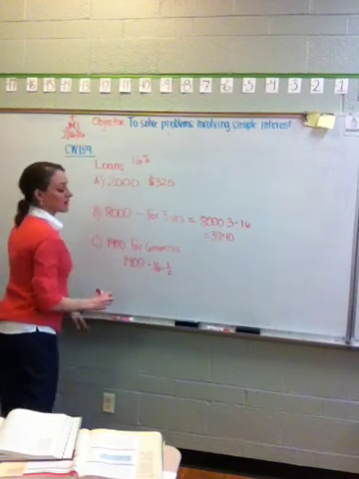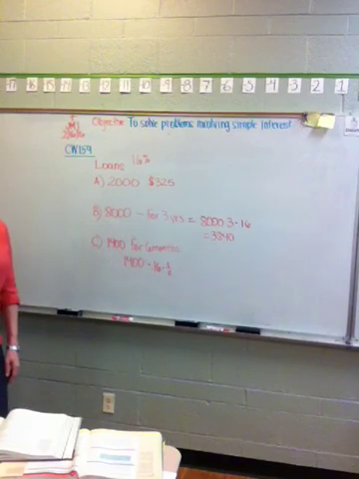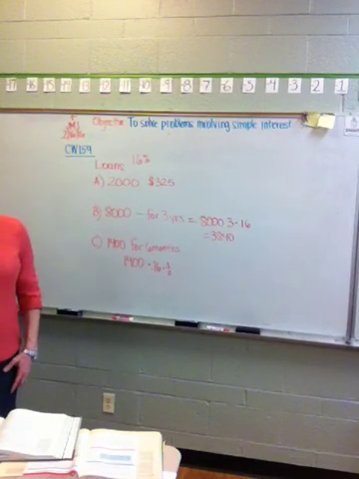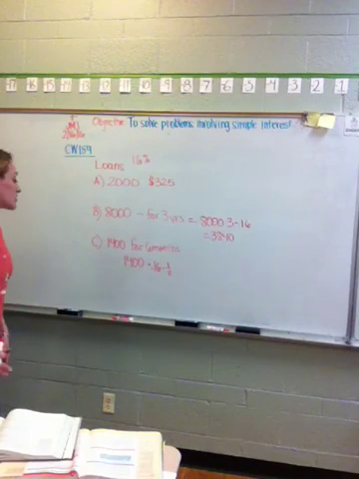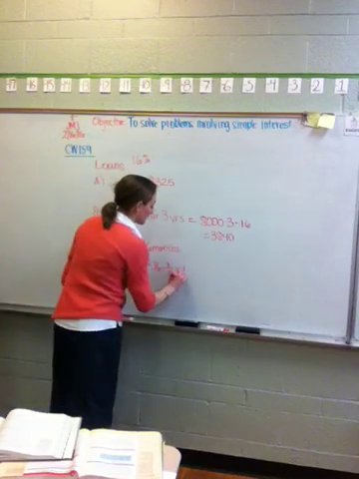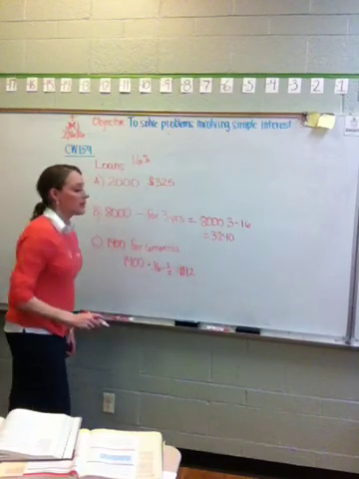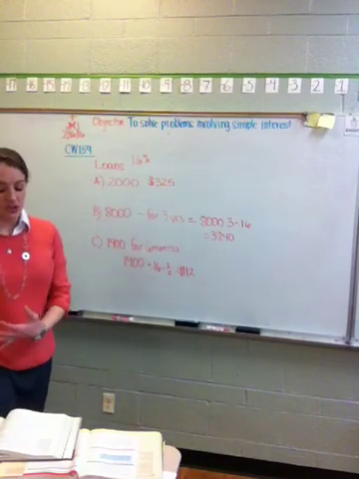So we're going to multiply. Go ahead and multiply. And what do you get? 112. So that's pretty much how this simple interest is going to go.